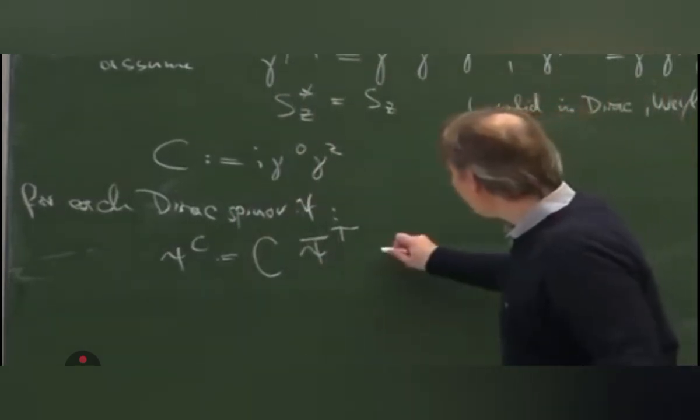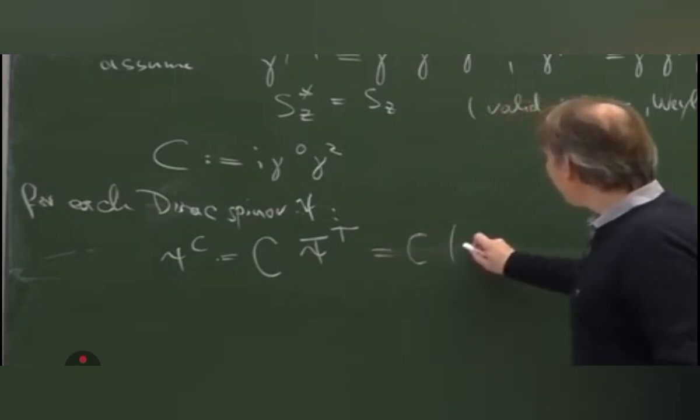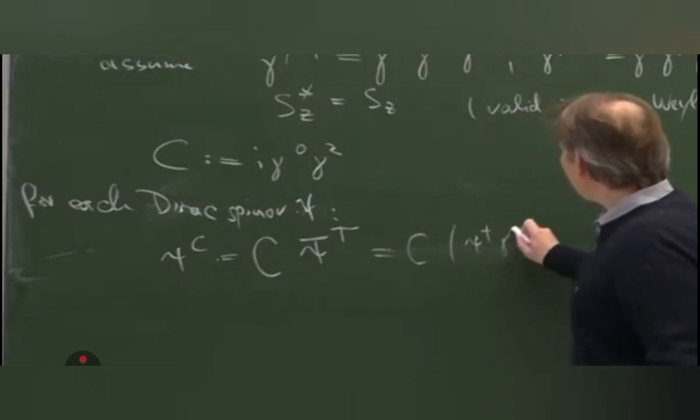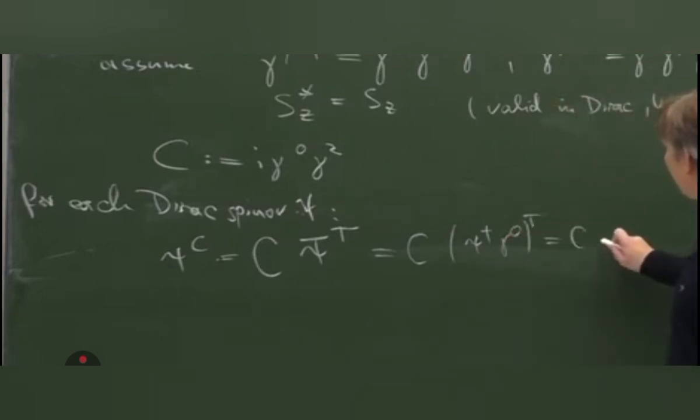Okay. What is psi bar transposed? Psi bar transposed is the same as gamma 0 transposed times psi dagger, which is the same as gamma 0 transposed times psi star, complex conjugated.